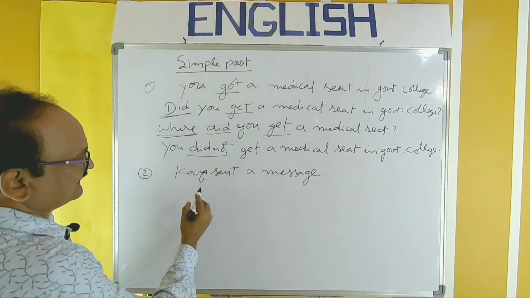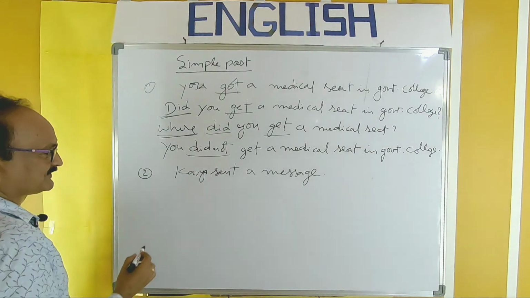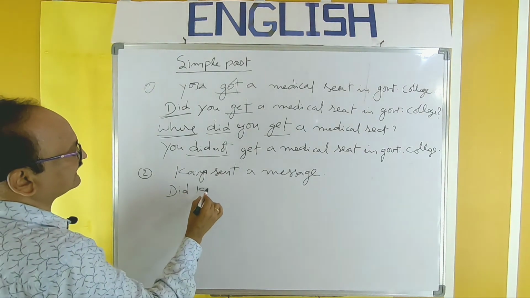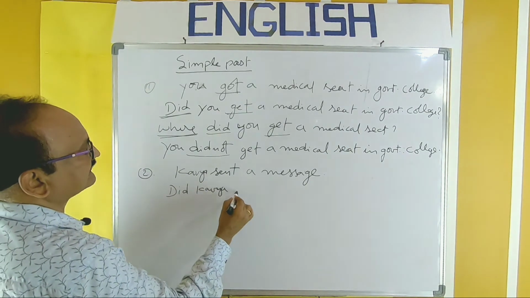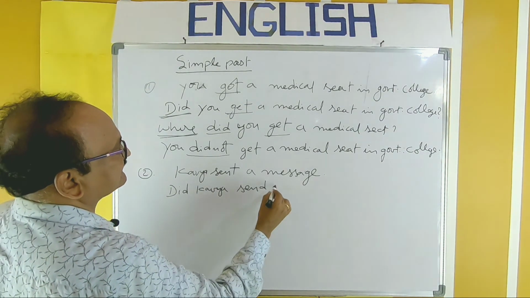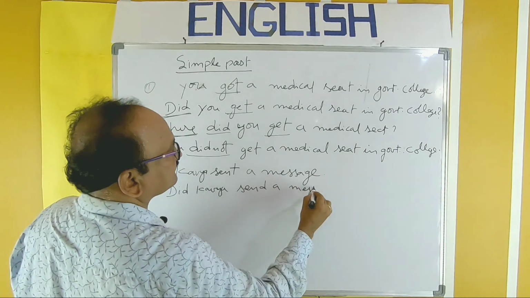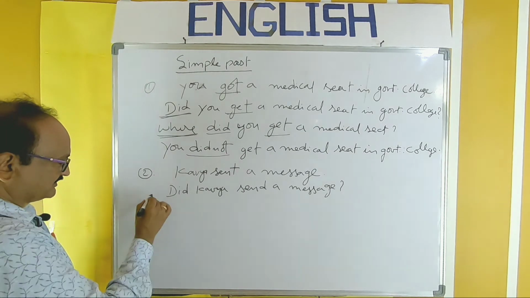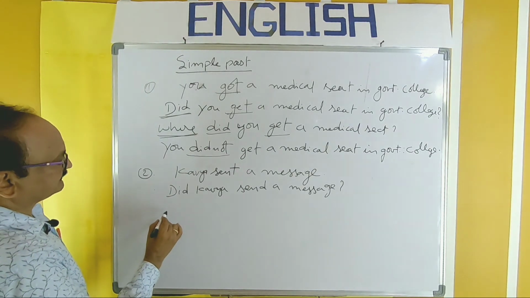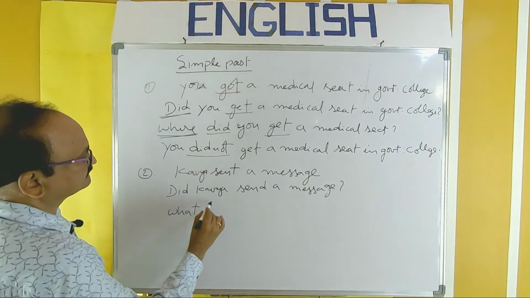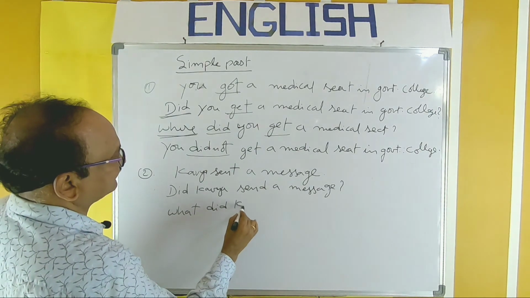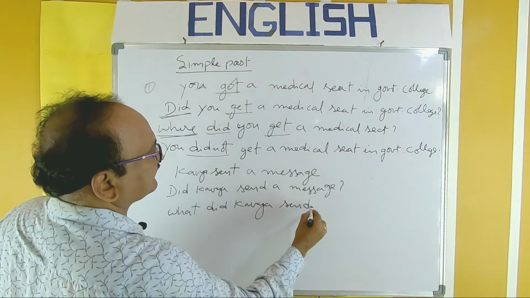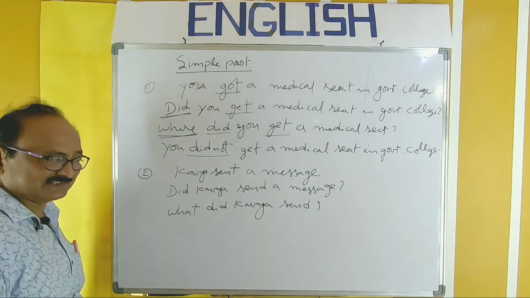Next example. Kavya sent a message. How to begin? Did Kavya send a message? Sent becomes send. Yes or no. So, this is the first step. Next, what did Kavya send?